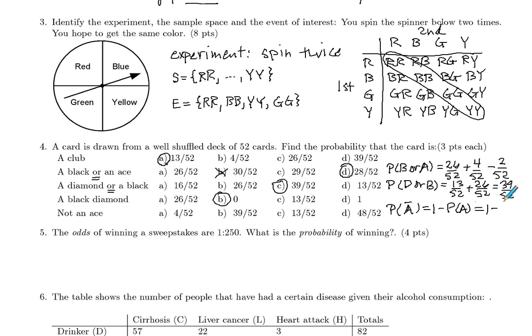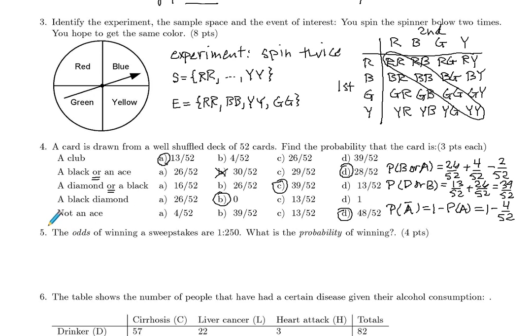So this is 1 minus 4 out of 52. So this is 52 out of 52 minus 4 out of 52 would leave 48 out of 52. D. Okay, so all of these kinds of things you can do by addition rule, complement rule, and desired outcomes out of total outcomes.